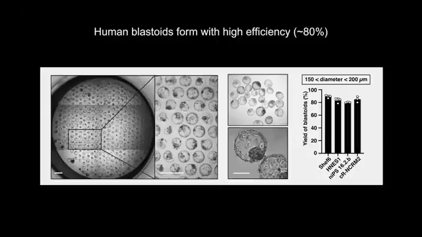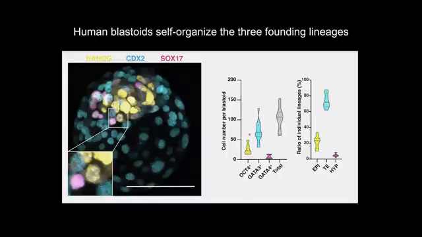And that means a cyst, a cavity, and one unique cluster that forms on one side. During the formation of these human blastoids, there's a very interesting process of growth and specification control that happens, by which the system is sensing and adapting its own size and the ratios between the three cell types that it forms.